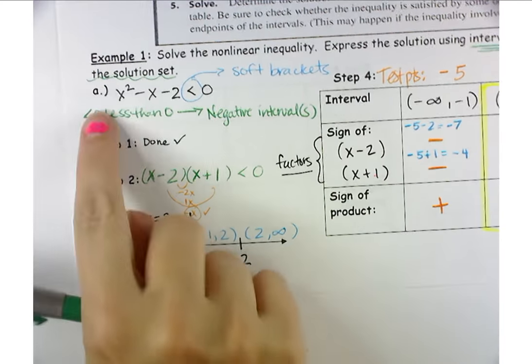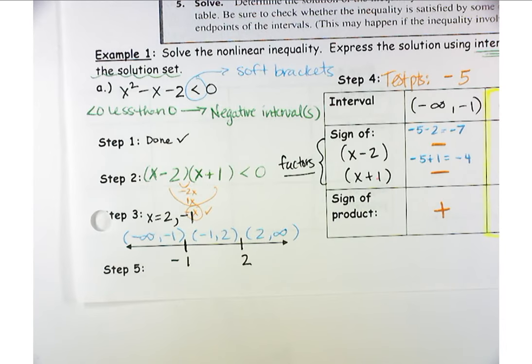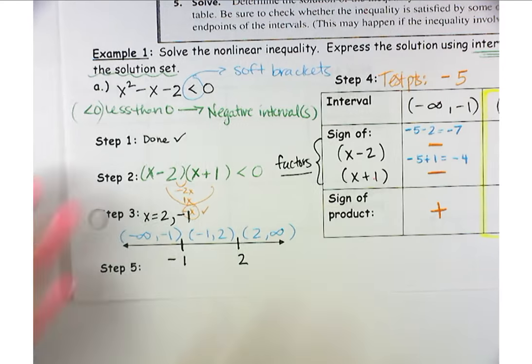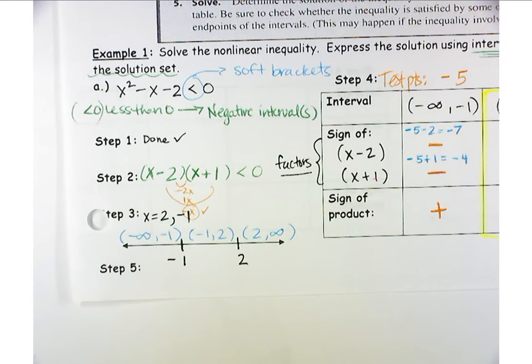If it's less than 0, then we're looking for the negative intervals. Which means that if this sign was flipped the other way, my 2 intervals would have been the 2 positive ones. If you have 2 intervals, do you remember how we have to link them together? Yeah, with the union. Okay, good. So you might have a situation like that.